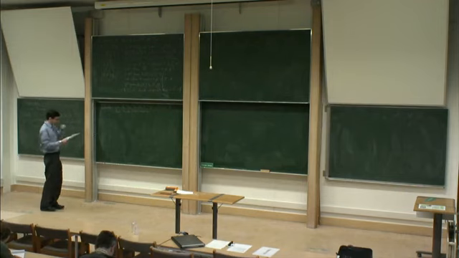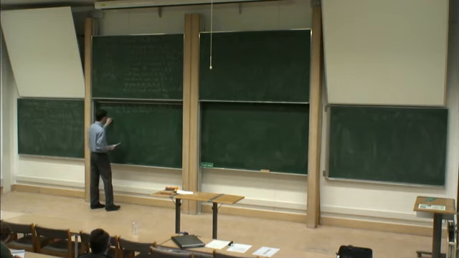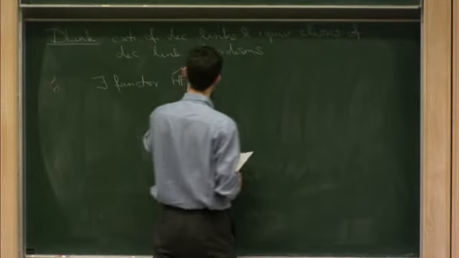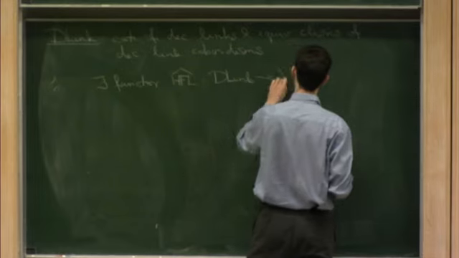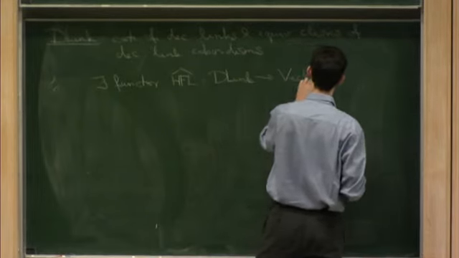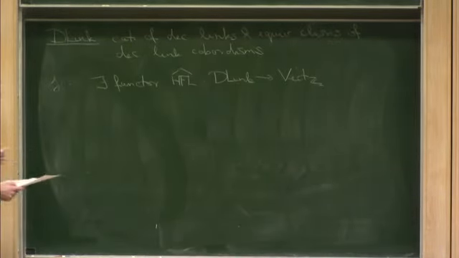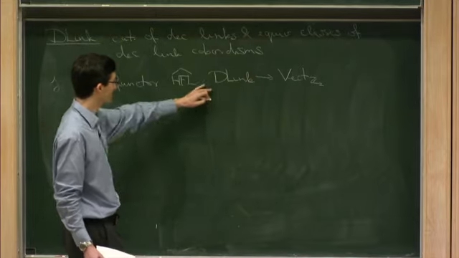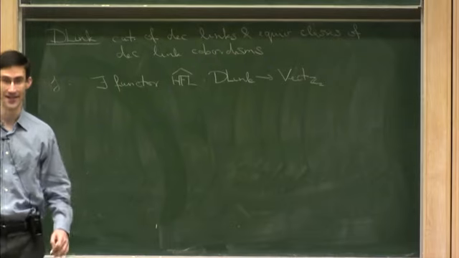And what I showed is that there exists a functor, the link Floer homology functor, from this category D link to the category of Z mod 2 vector spaces, such that for a decorated link it is isomorphic to link Floer homology as defined by Ozsváth and Szabó.